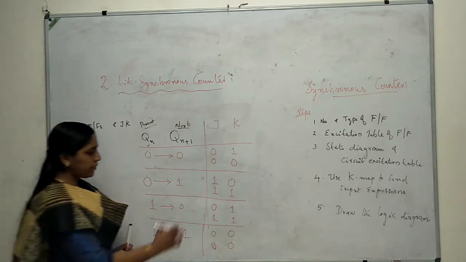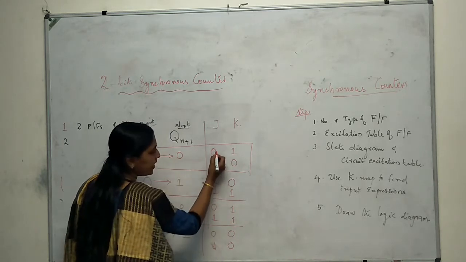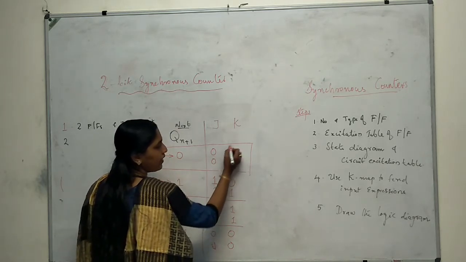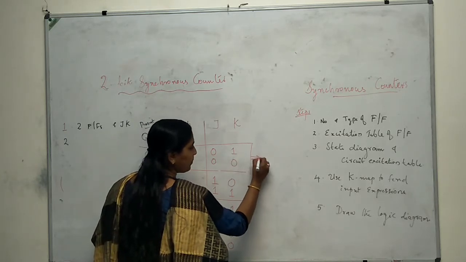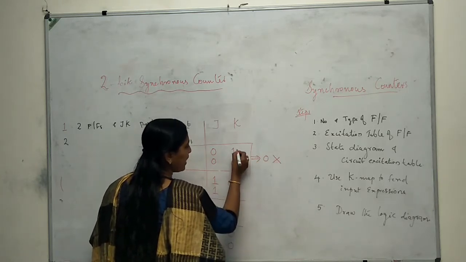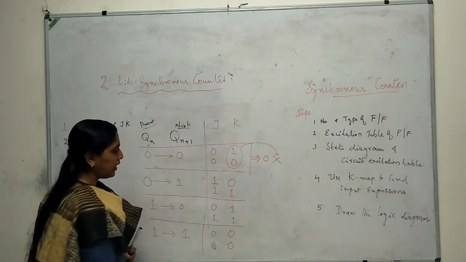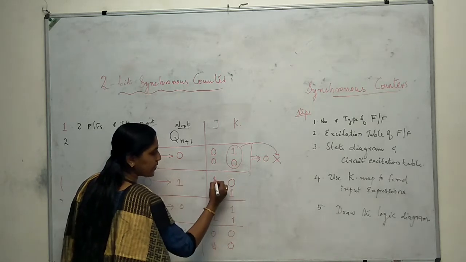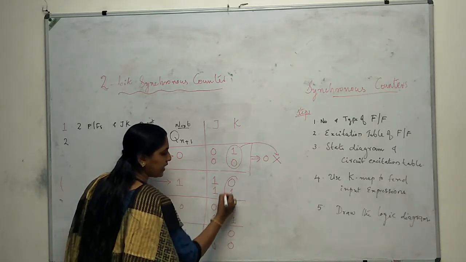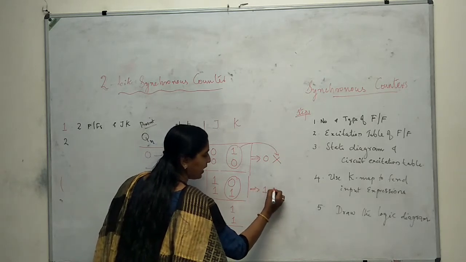Okay, so from this you can see that J is 0 in both cases, only K is changing. So here we can replace it with 0x, where x can be taken as a don't care. Here 1 is common, J is 1 and K is changing, 0 or 1, so we can take it as 1x.